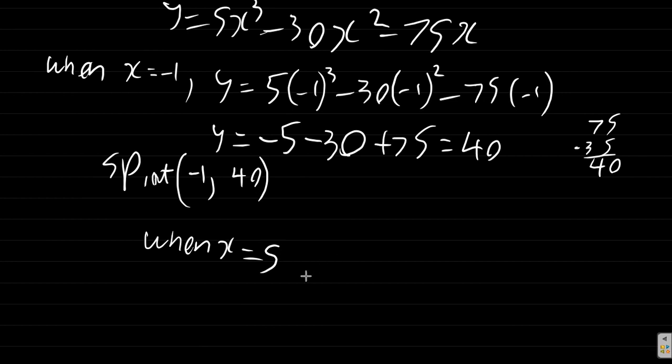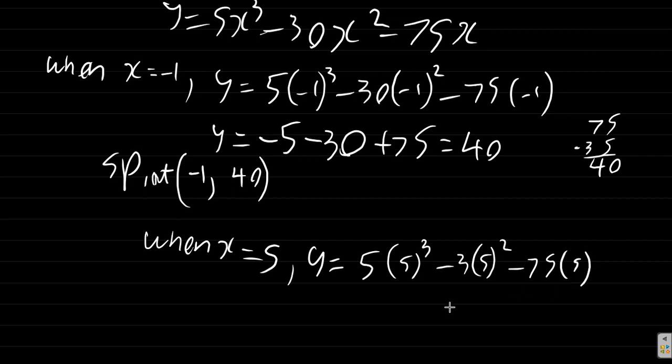When x is 5, y equals 5 times 5 cubed minus 30 times 5 squared minus 75 times 5.